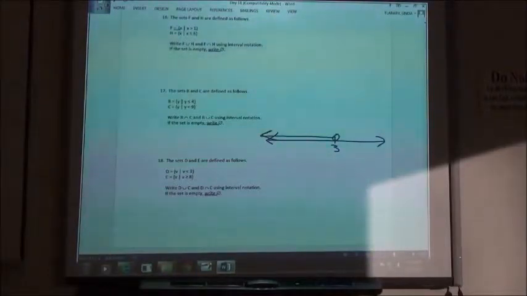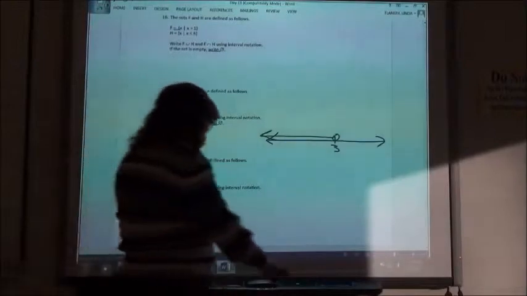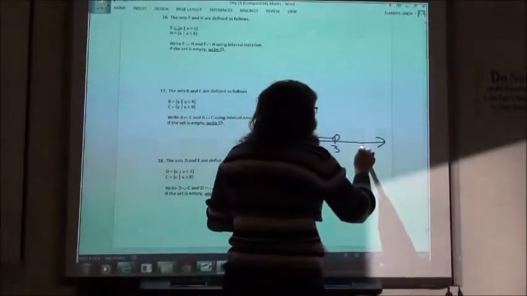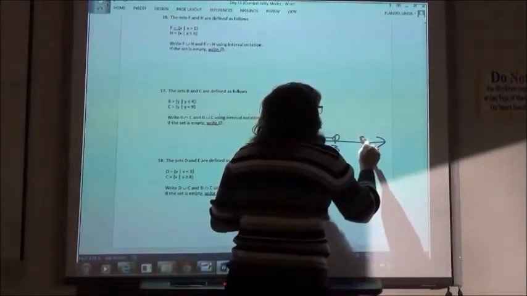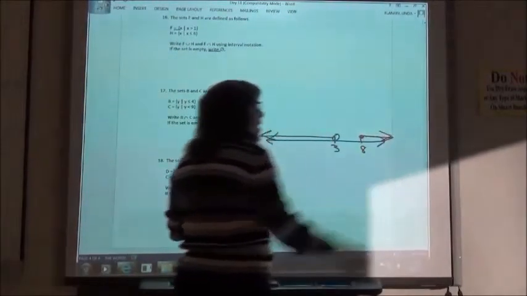C is the set that V is greater than or equal to 8. So wherever 8 is, I'm greater than or equal to the 8, so I have a filled in dot, and I'm doing everything this way.